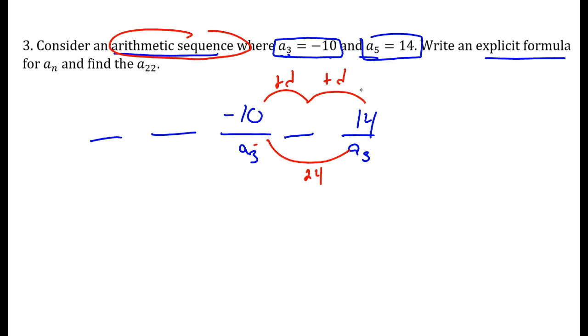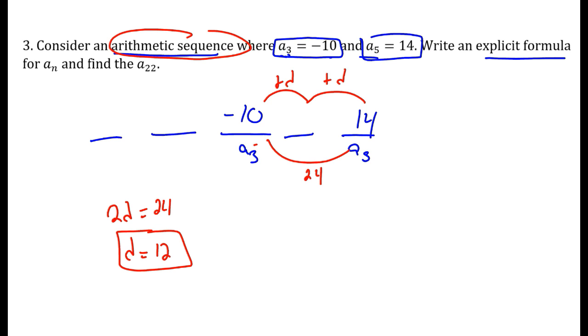So two common differences, when I add two common differences, I end up getting 24. So my common difference is 12. That's what I want to box in. I don't care that 2d is 24. I care that the common difference is 12.